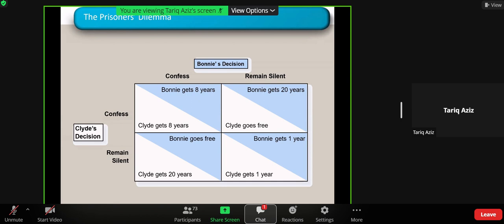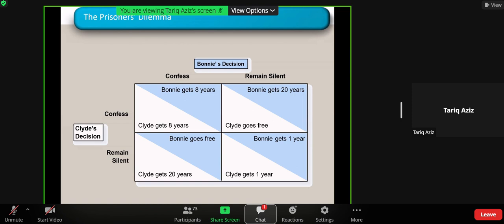Then they have to spend only 1 year in jail. But inside themselves, they also know that the other party can cheat them. They may decide not to cooperate, and so what will happen?